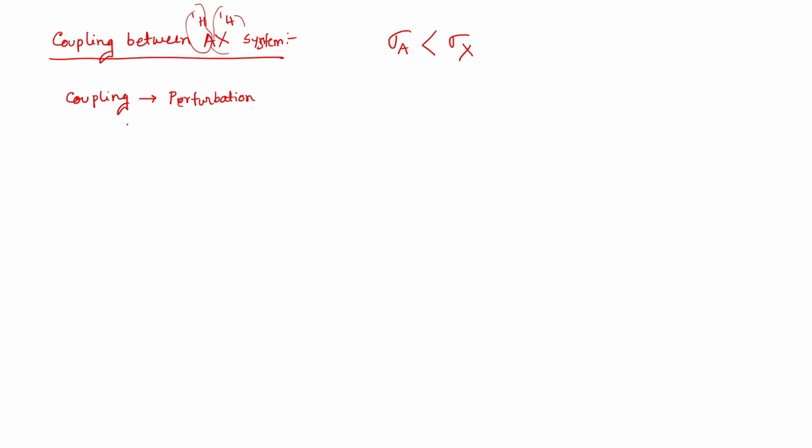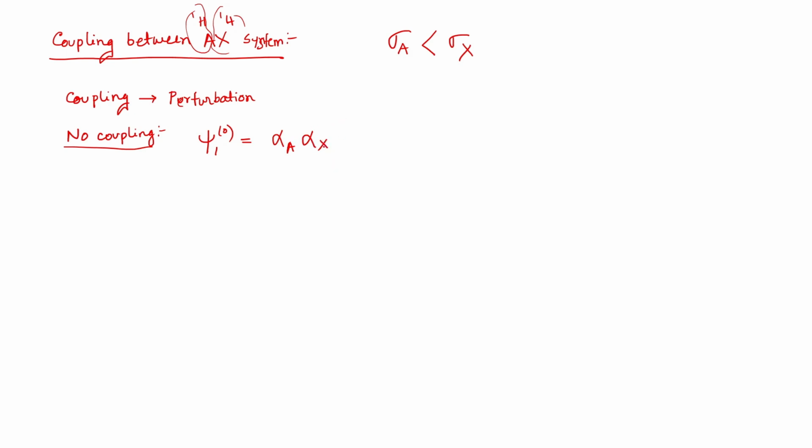Now suppose there is no coupling. Okay, so no coupling. Then for the AX system, what can we guess? What will be the first wave function? It can be alpha A, alpha X, right?